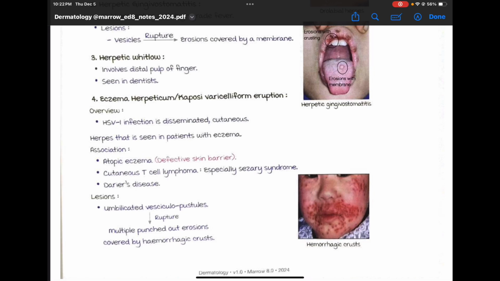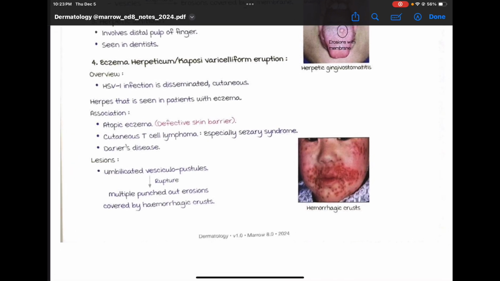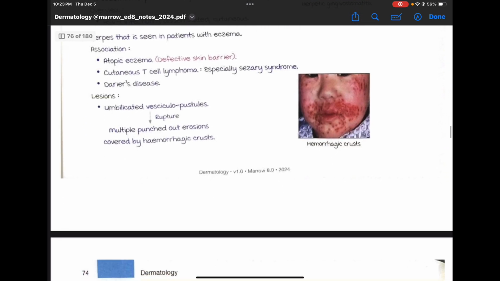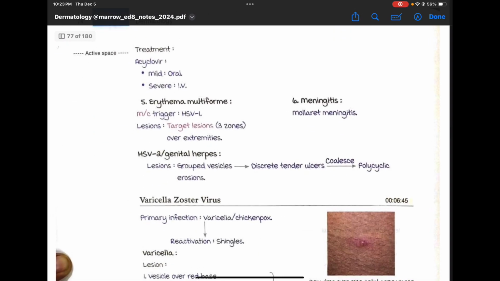Association: atopic eczema, defective skin barrier, cutaneous T-cell lymphoma, especially Sézary syndrome, Darier's disease. Lesions: umbilicated vesiculopustules rupture, multiple punched out erosions covered by hemorrhagic crusts. Treatment: acyclovir, mild oral or severe IV.